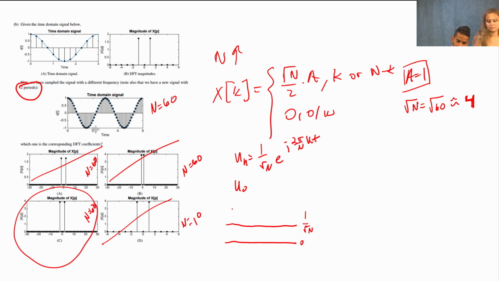If I just draw this out, this is the magnitude of u0. For the time axis, this is 0, and this is n, when you're going through n points.